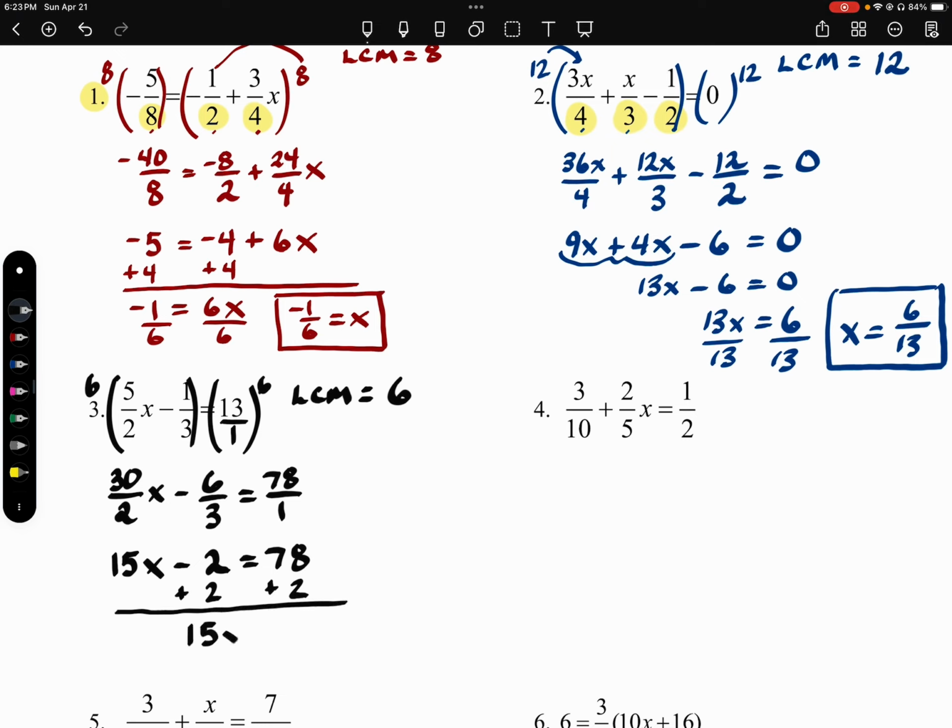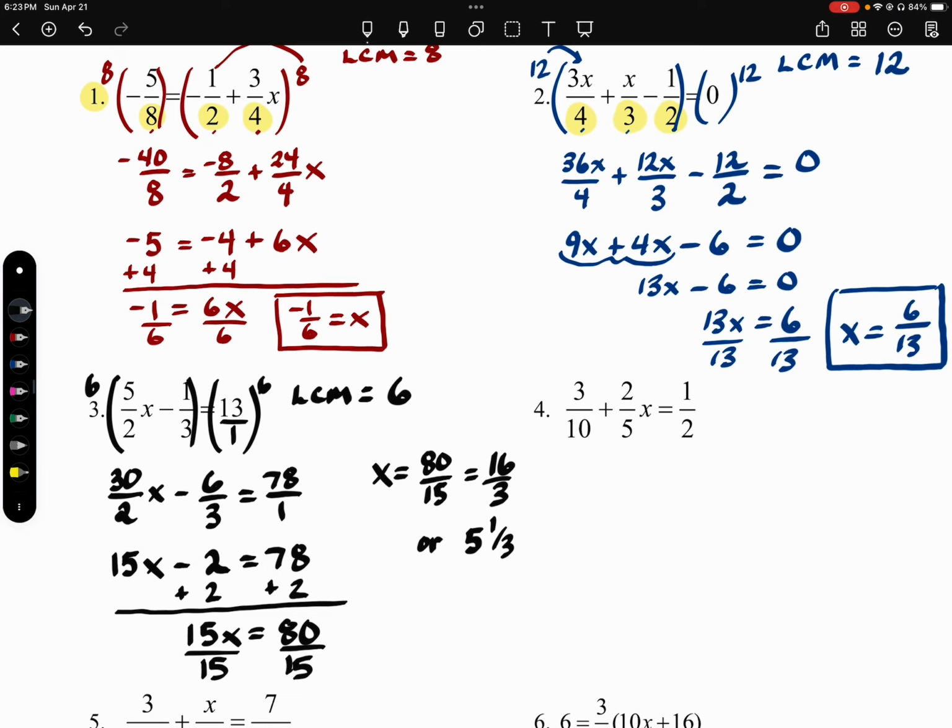So we have 15x is equal to 80. And then we'll just divide each side by 15. So we're going to end up with x is equal to 80/15ths, which should reduce to 16/3, because they're both divisible by 5. Or you could write 5 1/3. Any of those answers is acceptable.